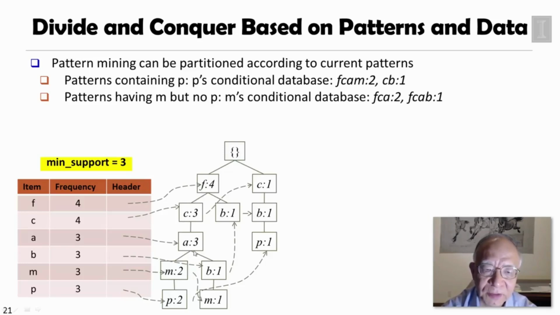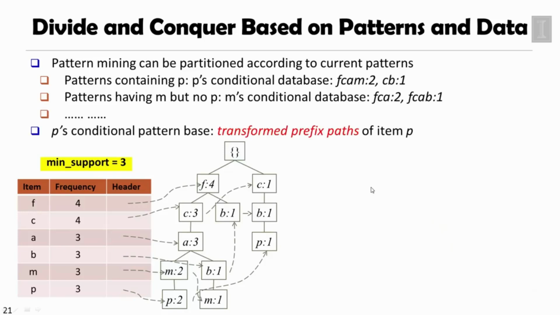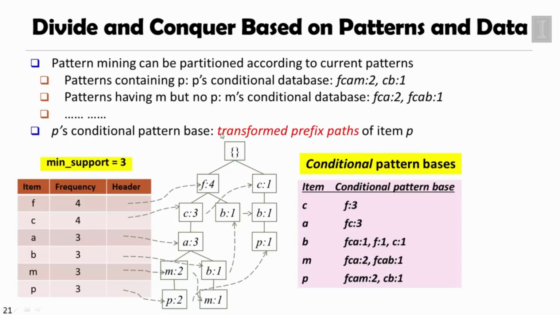For this branch, it occurred twice. That's why you get FCA2. For the same reason, you look at this M, you get FCAB1. You can do this on and on. Then with this, you can transform the prefix paths of P, and you get the following.